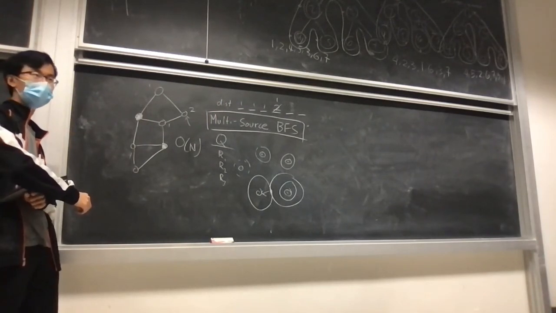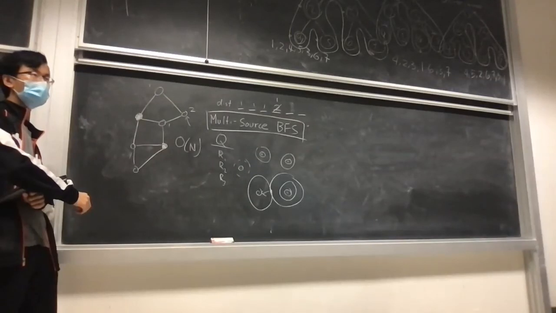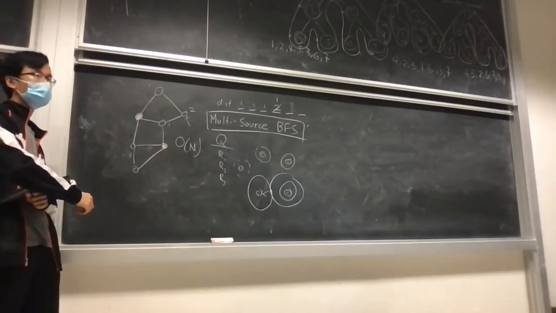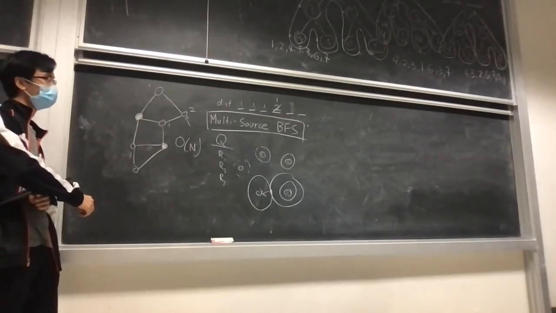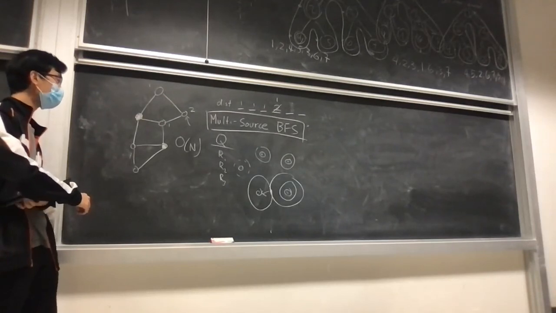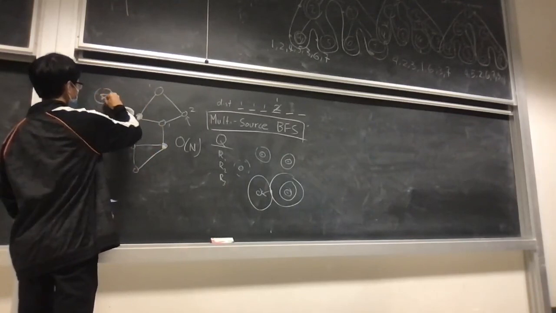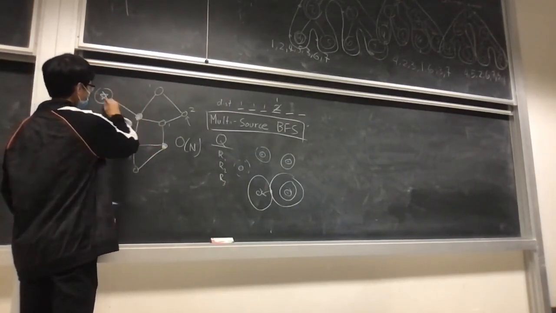I think you can also think of it as creating a new node and connecting it to all the red nodes. Is that right? Have you seen that? And you start your BFS with that new node. Yeah, I guess you could artificially generate it. You could do that. I think it's just easier to understand this way. Okay, sure. So what he's saying is create a new node, a temporary node that connects to these.